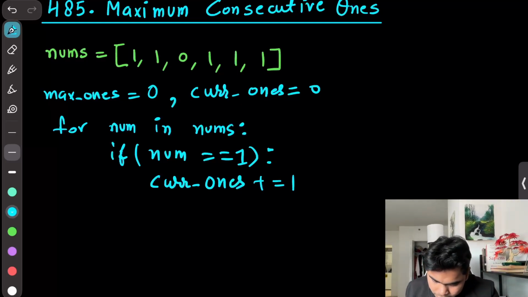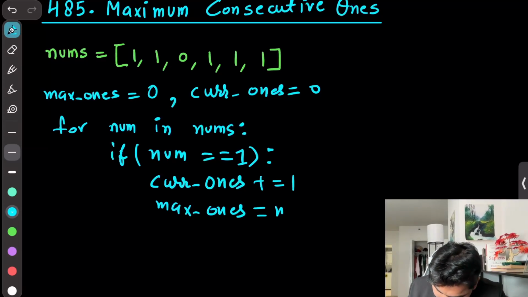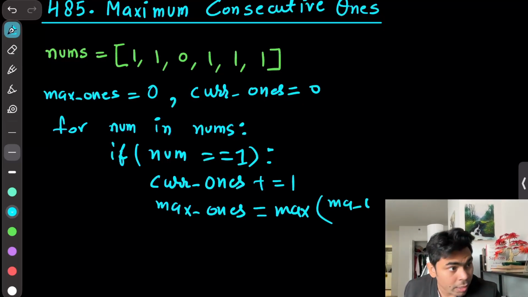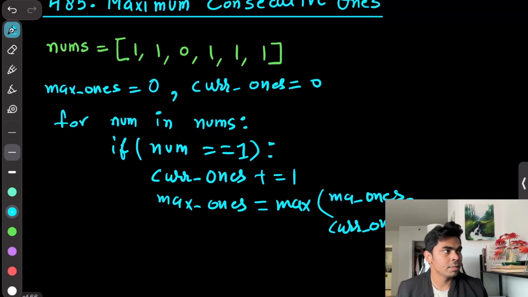If you keep seeing ones, at the same time you update your max ones to the maximum of itself, max ones, or cur ones, because this is the one you are currently incrementing.